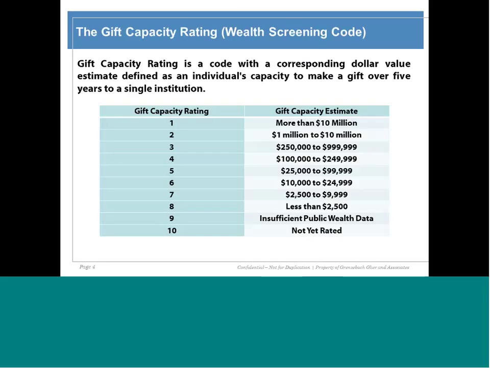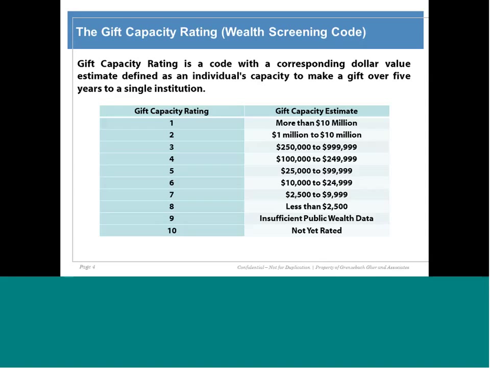So when we're talking about their gift capacity rating or their wealth screening code, that is how much we are estimating that this individual could give over a 5-year span to one given institution. It does not include affinity to your institution. It is just wealth screening.